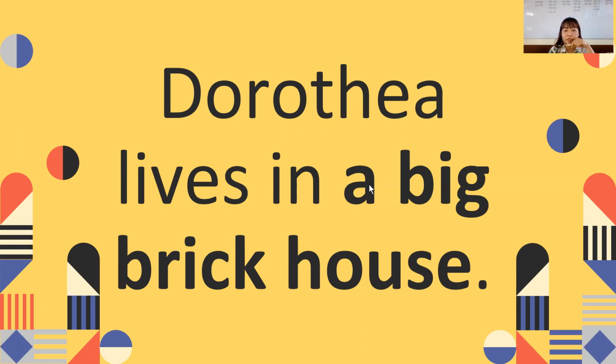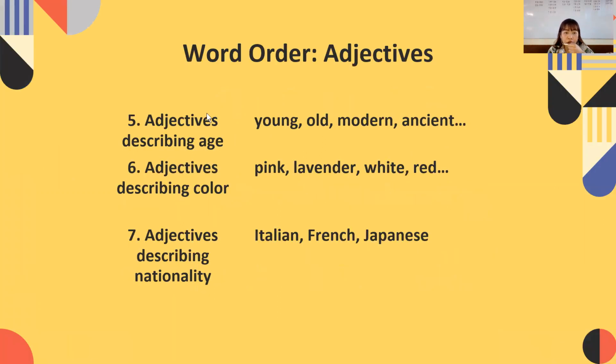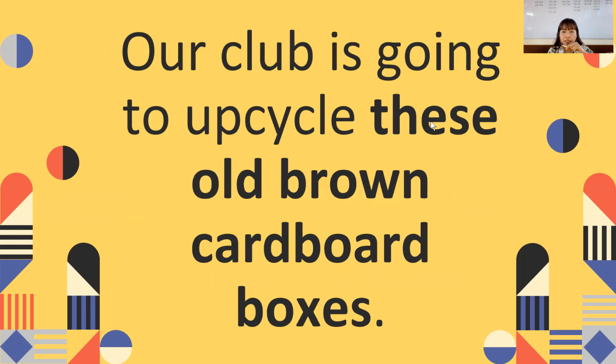So this is one example of your word order. Syempre, we did not have your color, age, nationality kasi ito lang naman yung mga adjectives na ginamit sa sentence. So we only have here your adjectives plus your determiner. So this is a correct sentence observing proper word order of your adjectives.